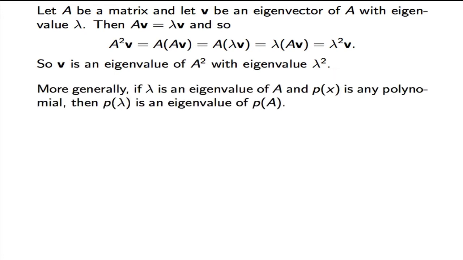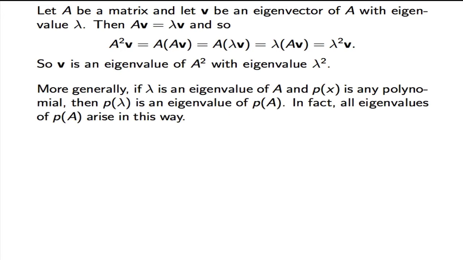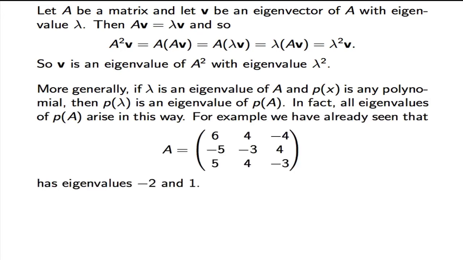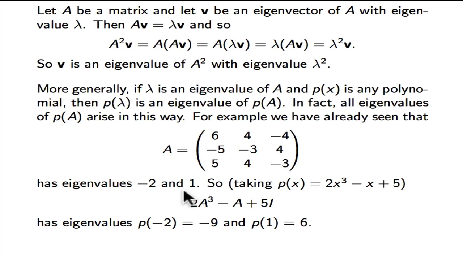So more generally, if we are told that lambda is an eigenvalue of A, and we are given any polynomial P of x, then P of lambda is going to be an eigenvalue of P of A. And in fact, all eigenvalues of P of A arise in this way. So for example, we have already worked with this matrix, and we've seen that it has eigenvalues -2 and 1.